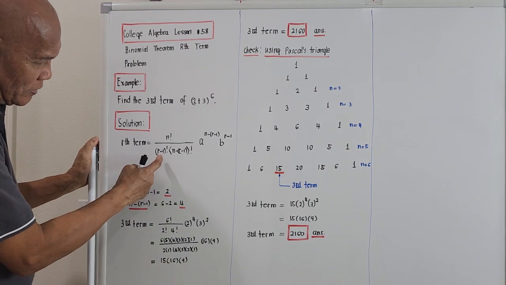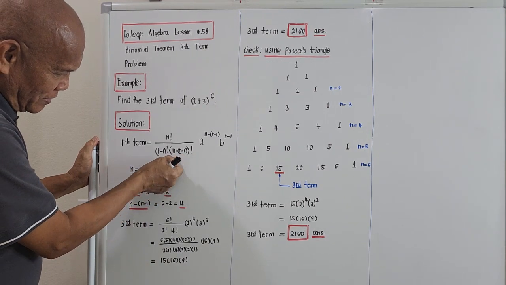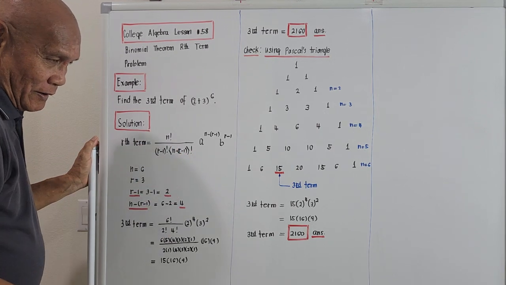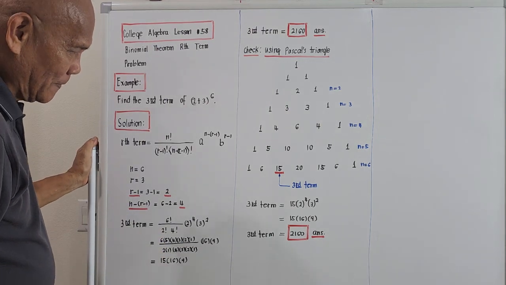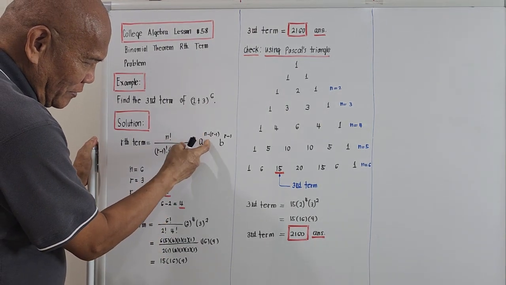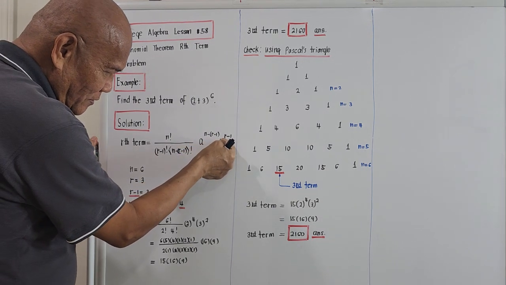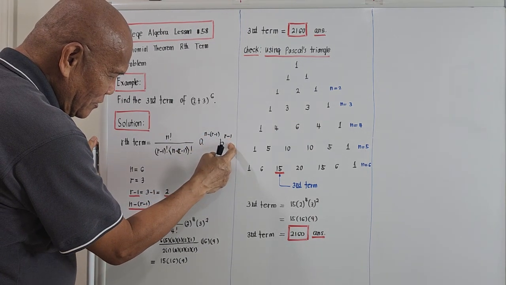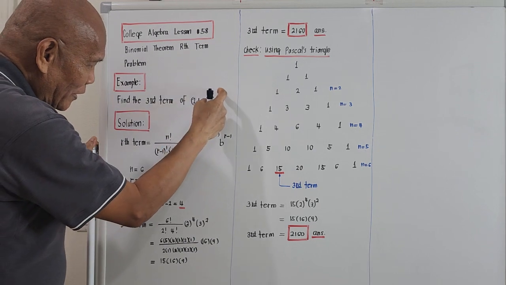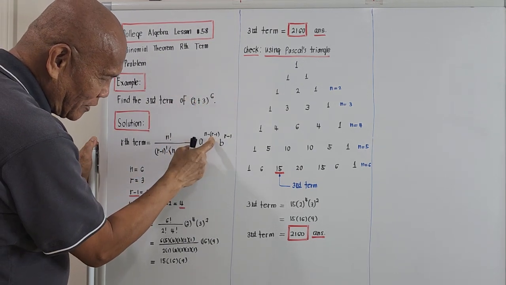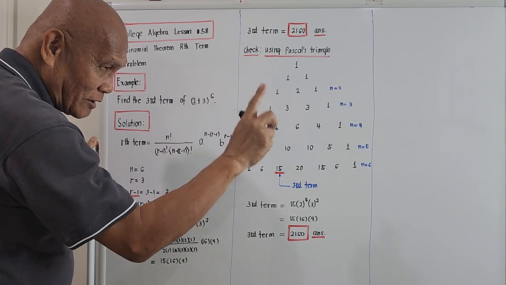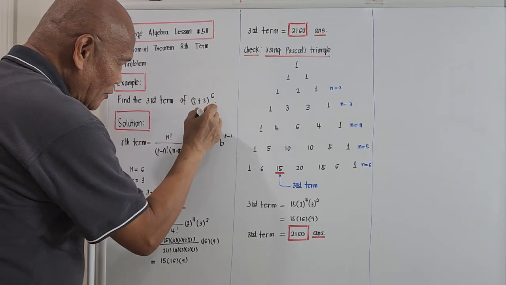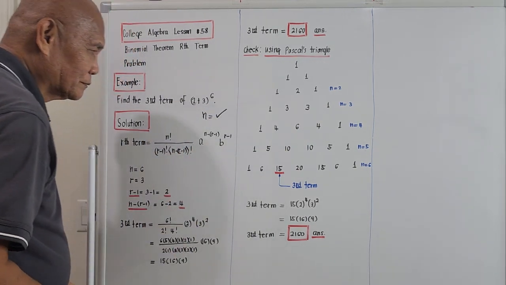Then the resulting variable part will be a raised to n minus r minus 1, b raised to r minus 1. The sum of these exponents should equal the given value n, because n minus r minus 1 plus r minus 1 is n.